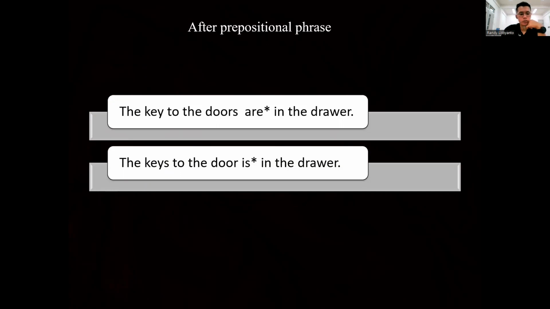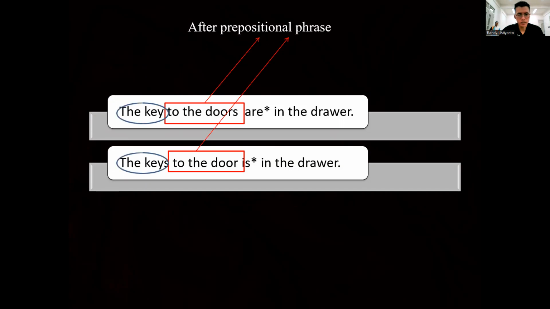Just remember that a prepositional phrase is not a subject. In this case, to the doors here and to the door in the second sentence are not the subject. They are called prepositional phrases. The real subject in the first sentence is the key, and in the second sentence is the keys.